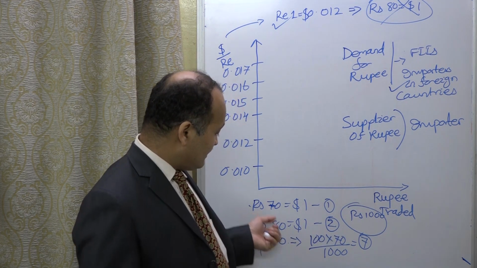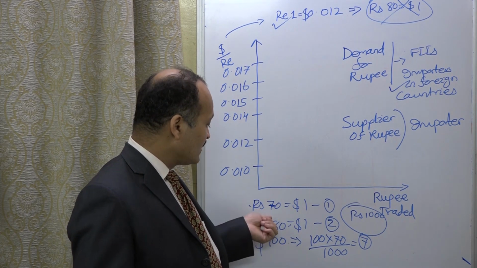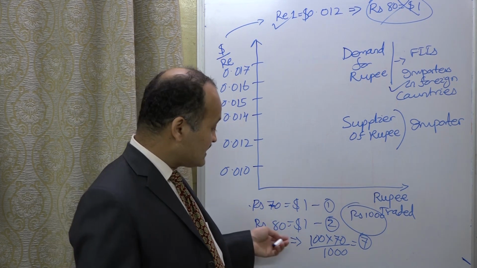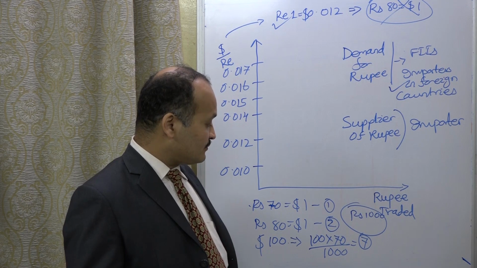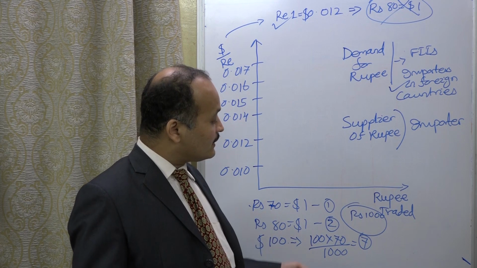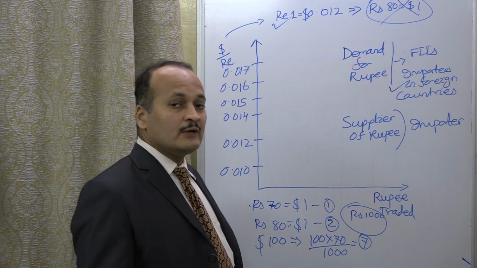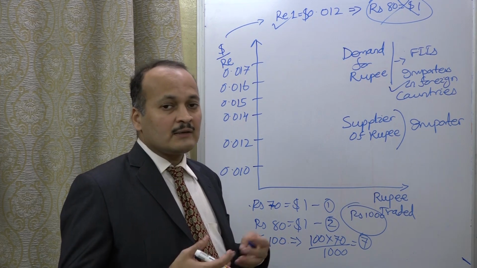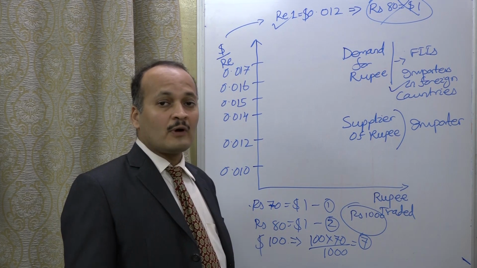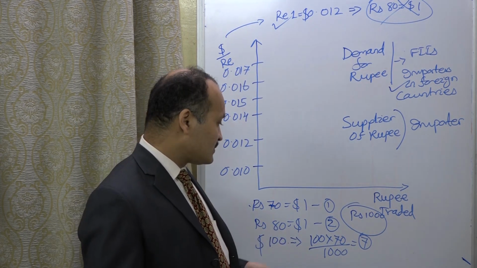So what we are finding, when we are moving from 70 to 80, the rupee is depreciating, and when the rupee is depreciating, the foreign importer is able to get more goods and services for the same dollar. Okay, now when you are getting more for the same dollars, it will create a greater propensity to import goods from India.